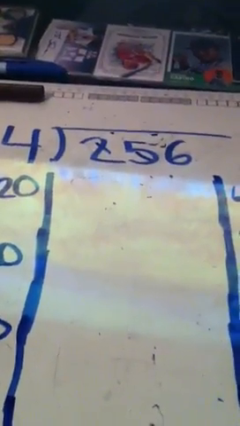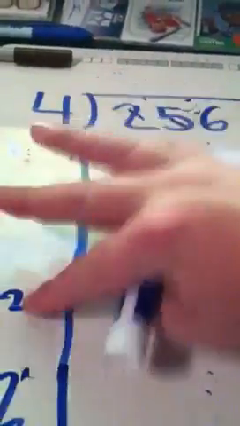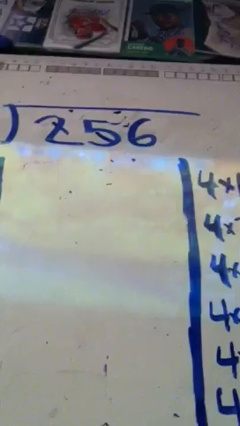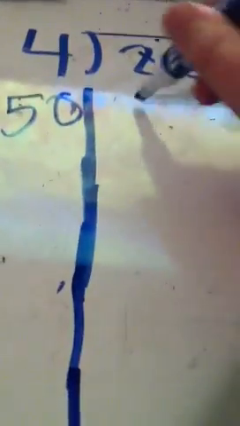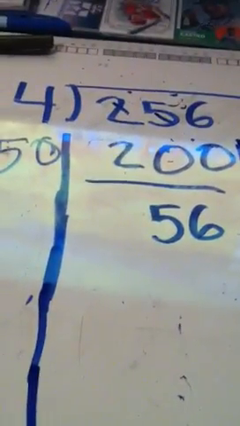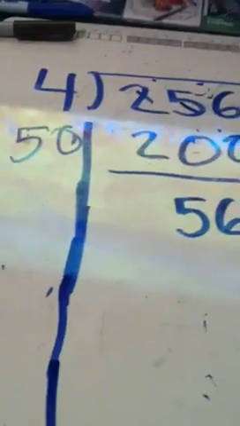So if you had 4 and 256 and you were really, really good with mental math, you could look at that 256 and say, all right, 4 times what equals 200. You could put down your 50 and do 200 then. You'd have 56 left over, and you're already at 50 over here.